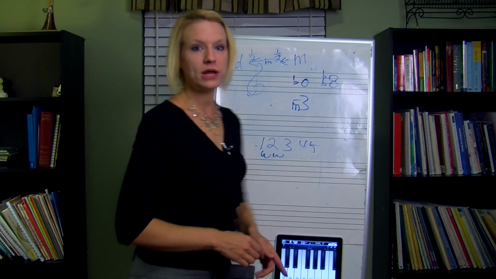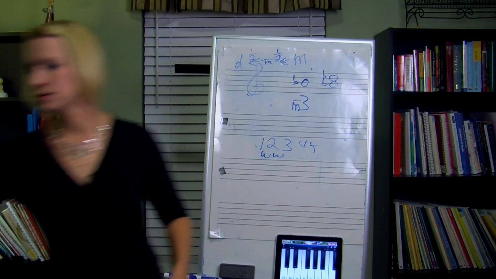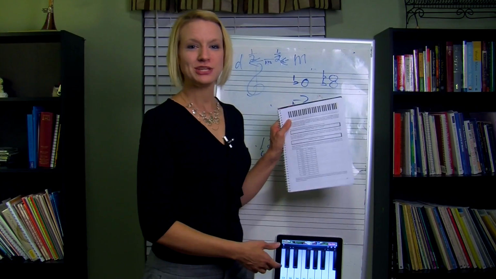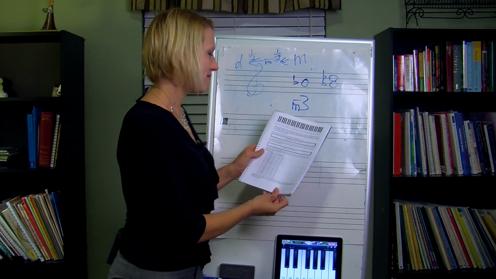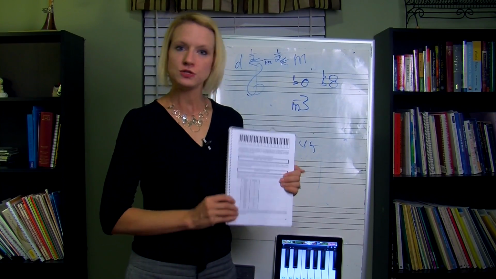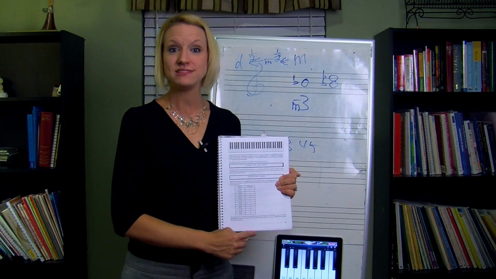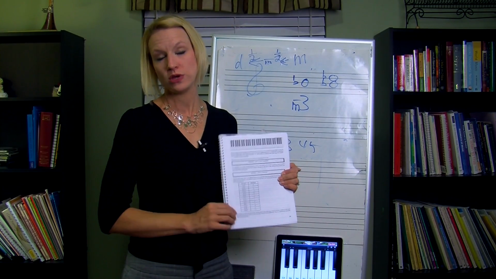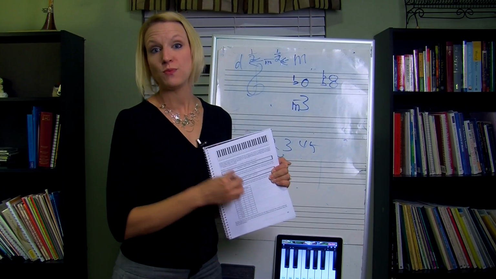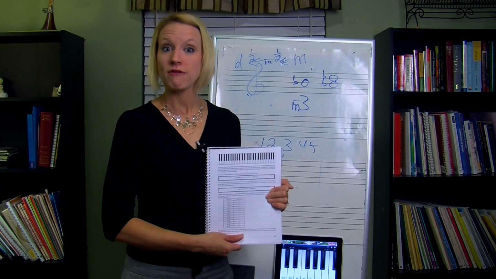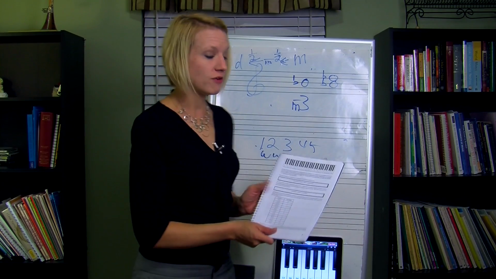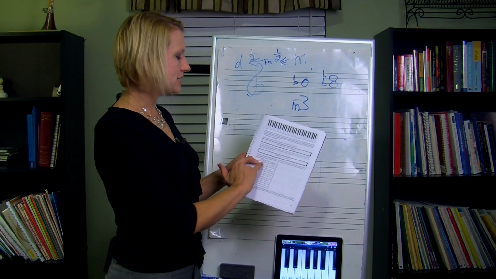I want to show you one more thing, which is this chart that's in your book on page 77. This chart is useful because it shows you the half steps in every one of the intervals that we just did. Some of my students will memorize this or use it as a reference while doing homework.